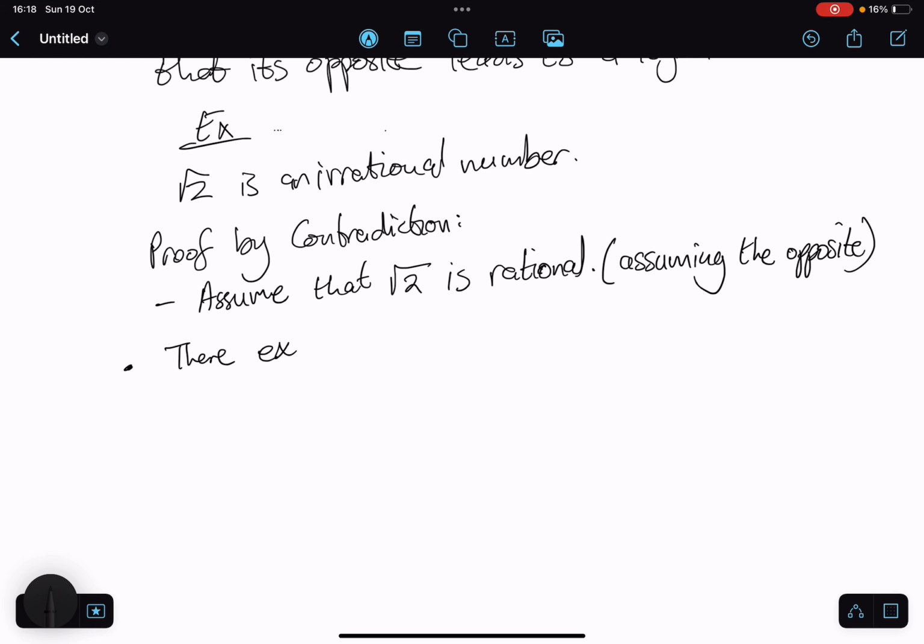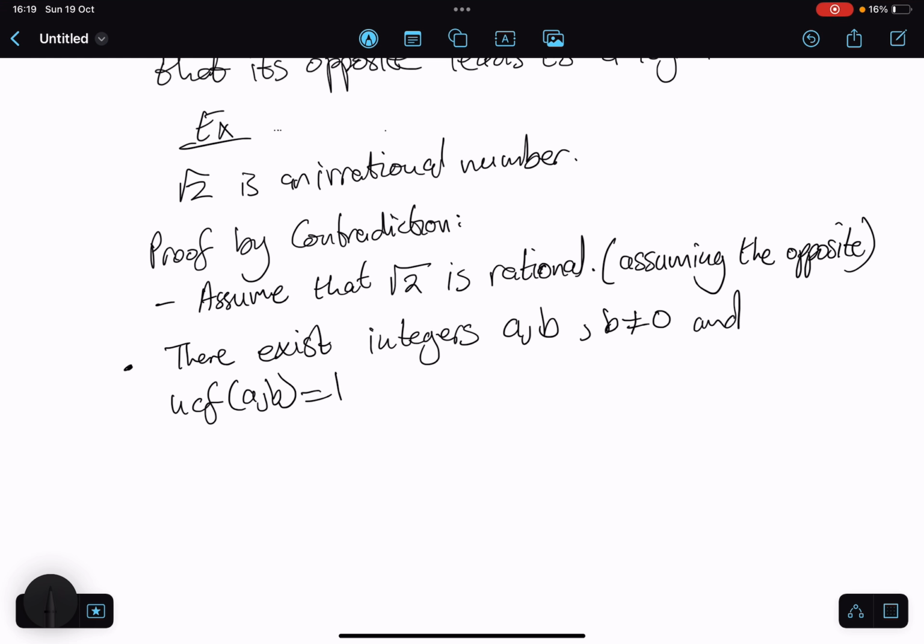So there exist integers, let's just say there exist integers a, b, where b is not equal to 0, and the highest common factor of these integers is equal to 1, such that root 2 is equal to a over b.